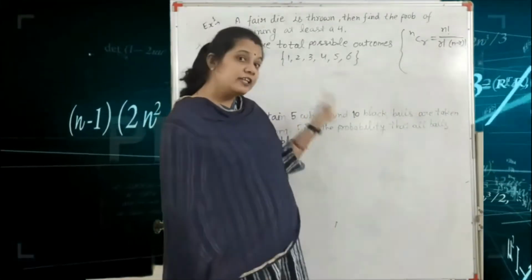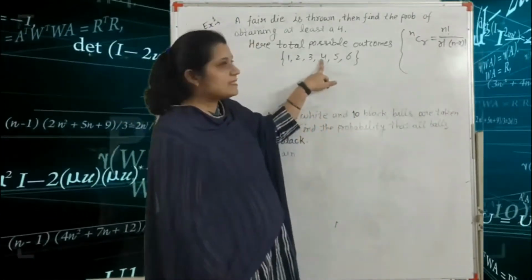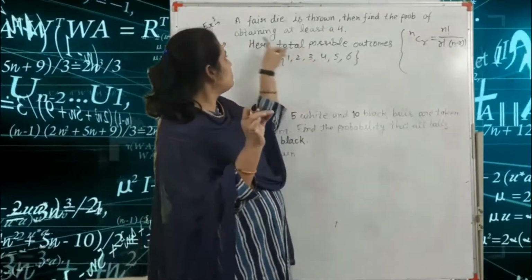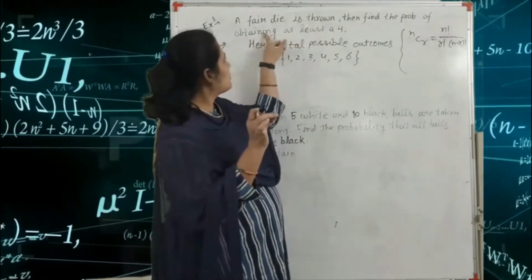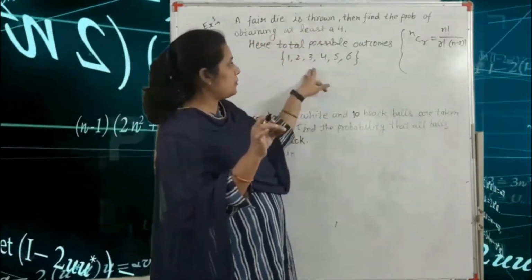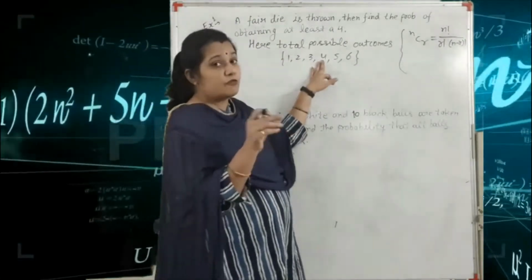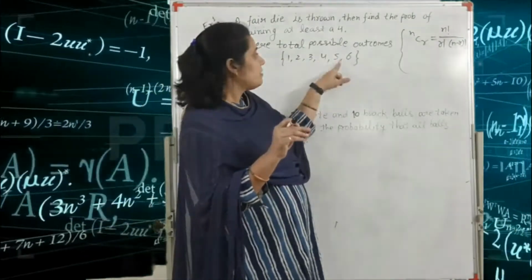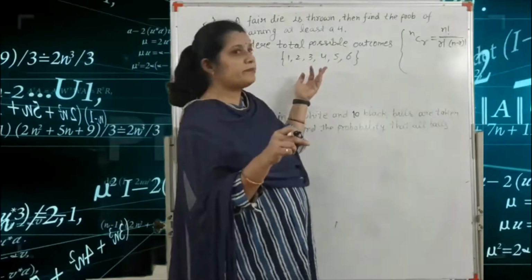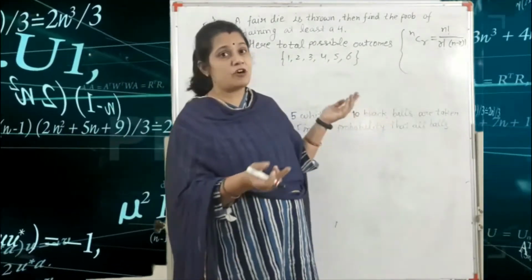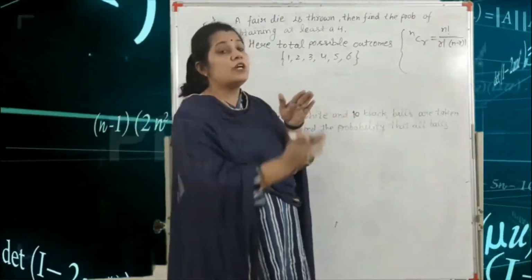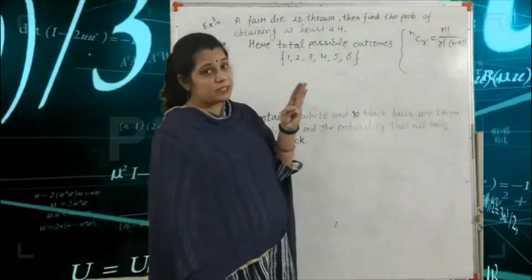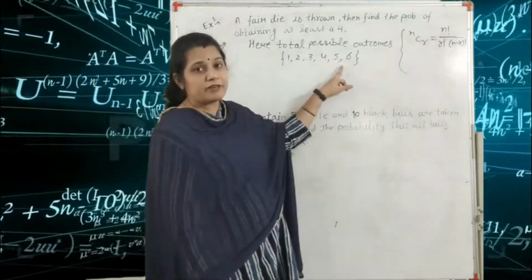But according to your question, at least a 4 means 4 is included, 5 is also included, and 6 is also included. So the three possibilities are 4 or 5 or 6.